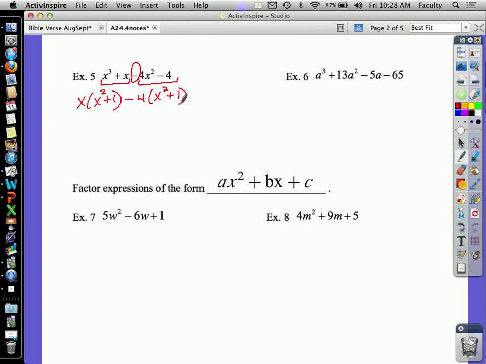Because a negative times a negative is a positive. Right, if I had put a minus here, I actually factored out the negative 4. Negative 4 times a negative 1 would be a plus 4, but I have a minus. So I've actually pulled a negative out, so it's flipping the signs, okay? Now I have an x squared plus 1, and what's left is x minus 4, okay?